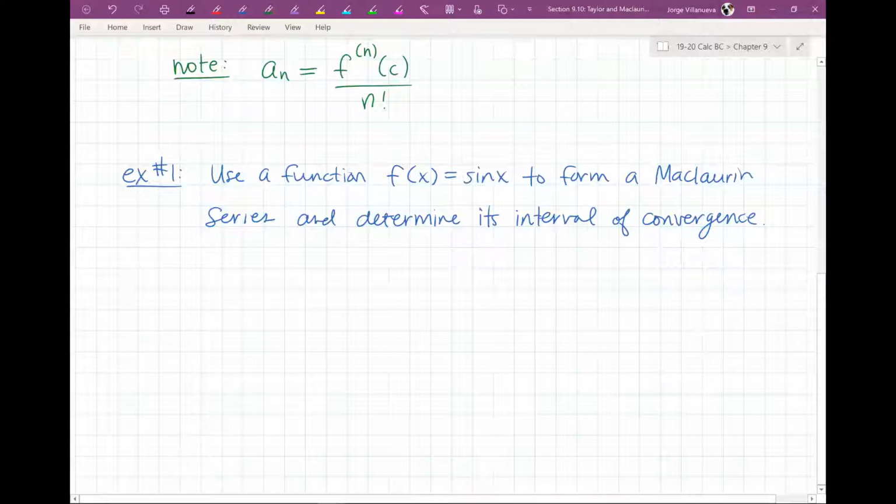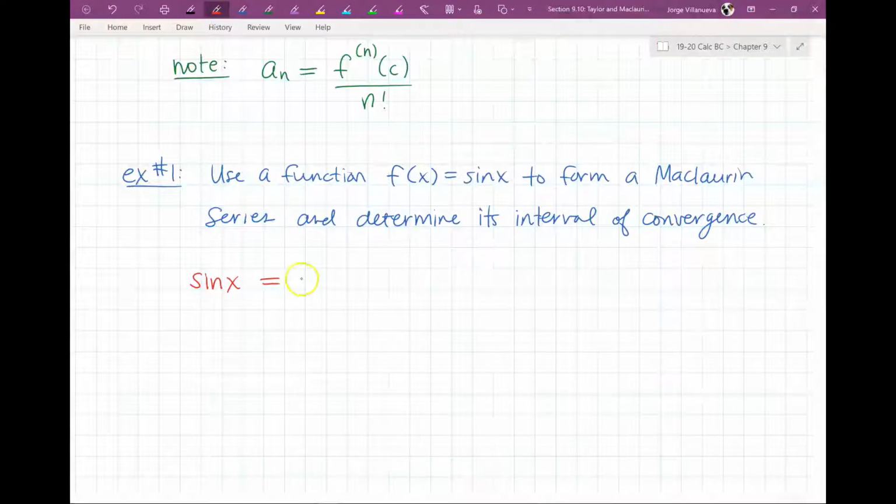Now, we've kind of done this before. I'm not sure if you guys remember, but we were able to define sine of x before. You guys remember the way it starts? Remember, sine is an odd function.